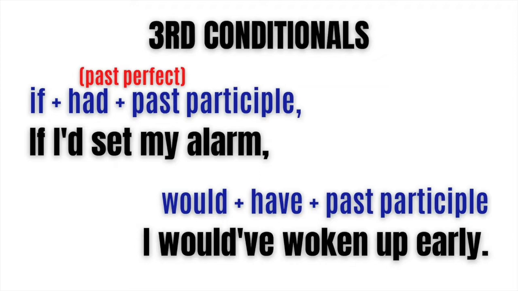So we can say if plus past perfect, had set, and then in the result clause, we need would plus have plus the past participle form of the verb. Now, here's the thing with English structures. In the affirmative, at least, grammar structures are unstressed.